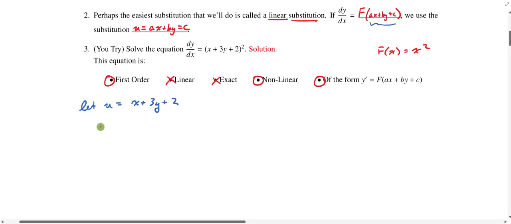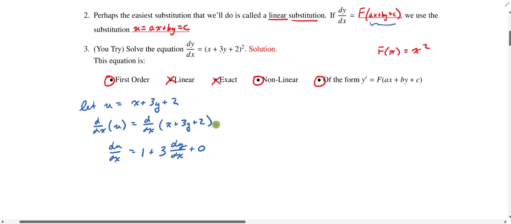As a consequence, if I differentiate both sides with respect to x, just like how you do a u substitution in Calc 1, I get du dx equals 1 plus 3 dy dx, and I'll write plus 0 there, so I implicitly differentiated that right-hand side. Notice that this is going to be very easy to solve for dy dx.